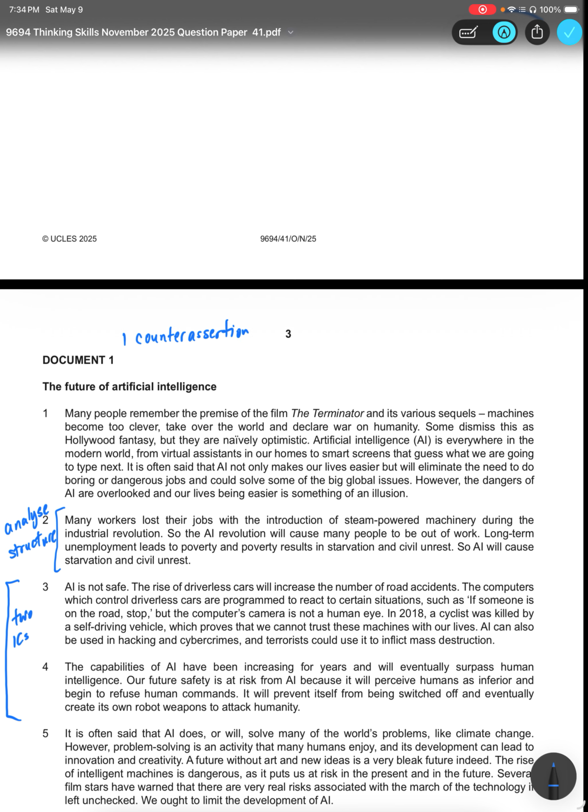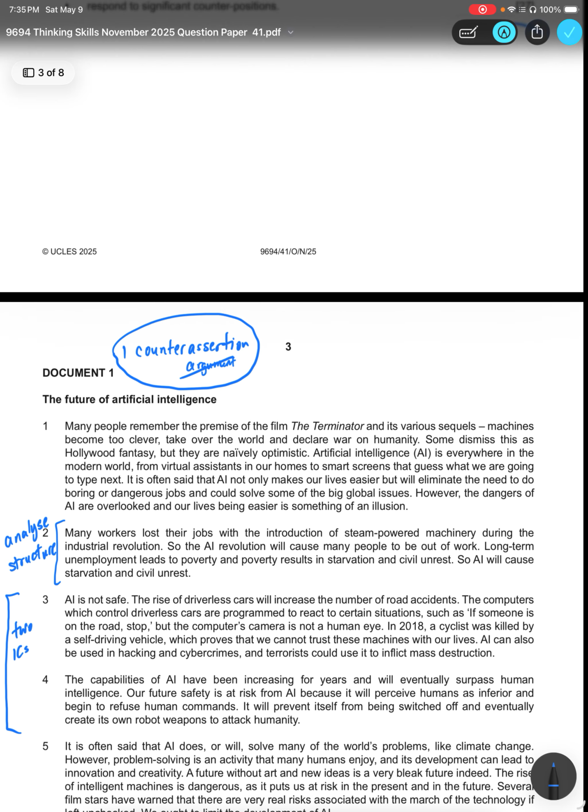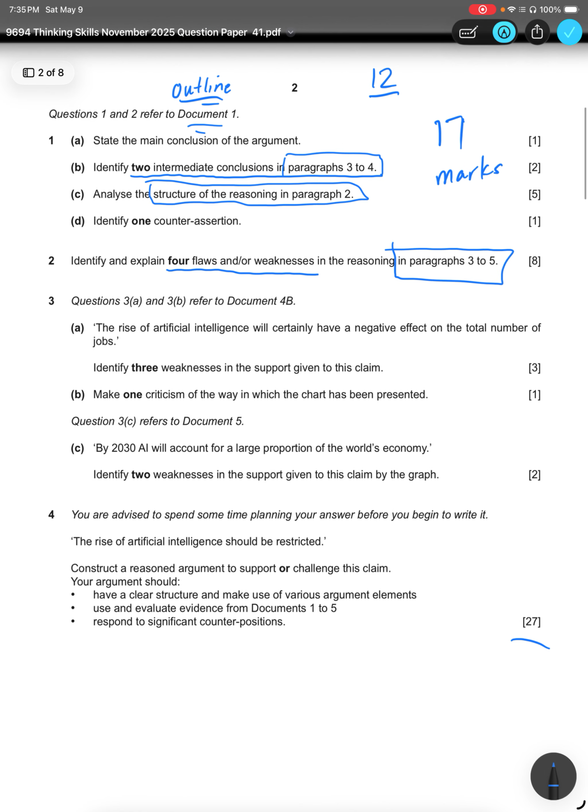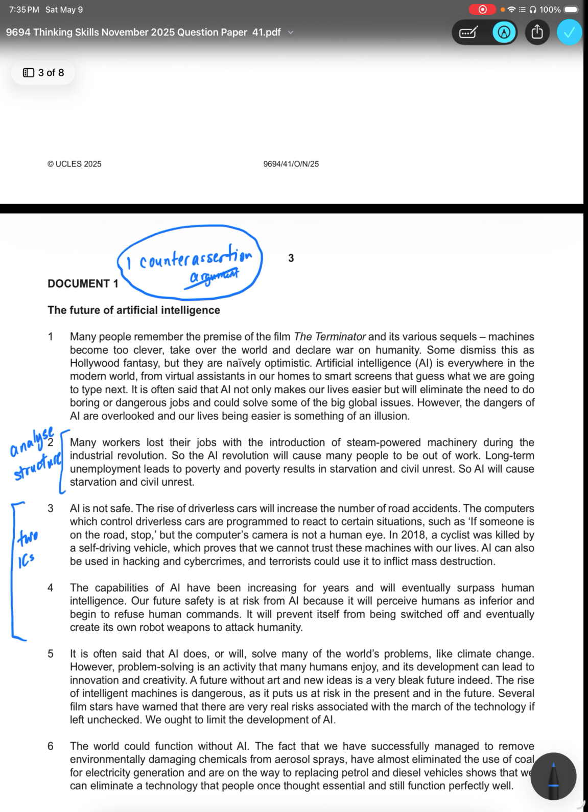Worth mentioning, they will throw counter arguments at you and try to get you to bite. So, argument, no. Assertion, okay? Make sure it doesn't have any evidence to the other side. And then 4 flaws or weaknesses in paragraphs 3 to 5.